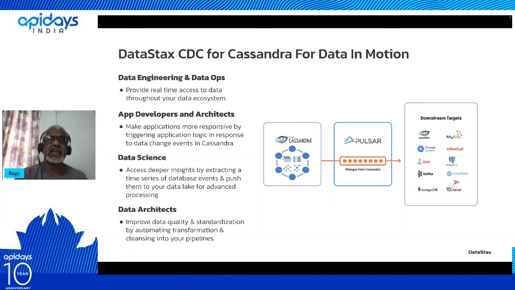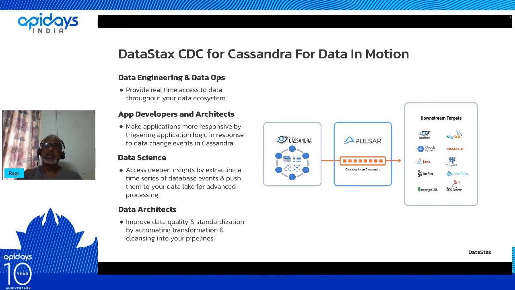It's called CDC, or Change Data Capture, and this was introduced recently. Essentially, the idea behind this is that you may have a system of record. Let's say Apache Cassandra is a system of record, but you may want, for example, to use Snowflake for doing analytics, or maybe use something else like Google BigQuery, right?